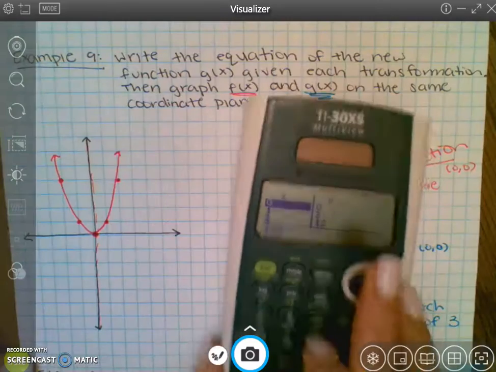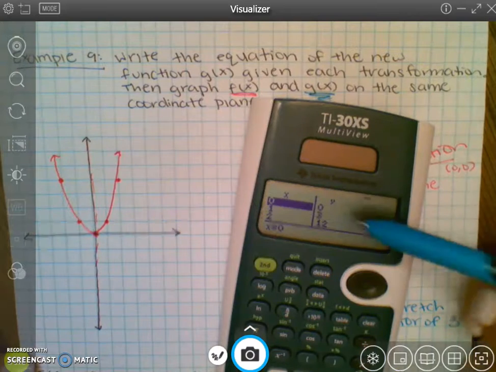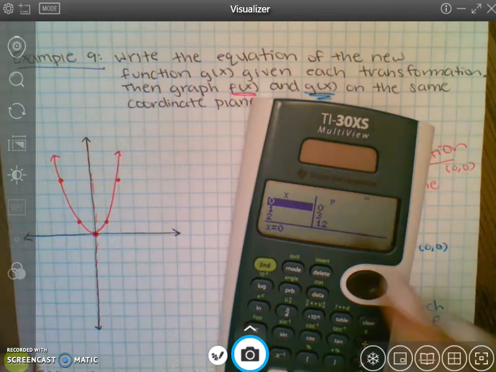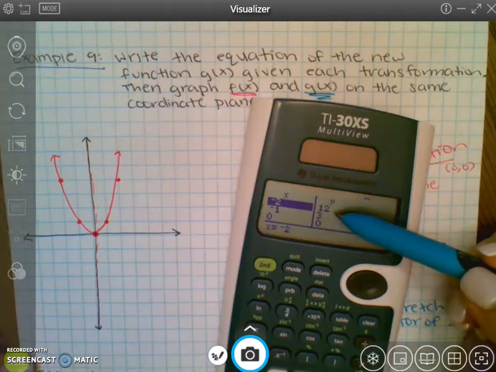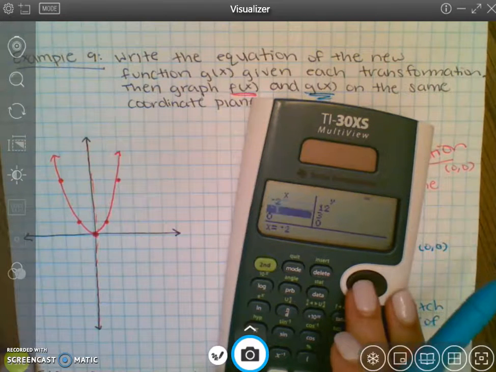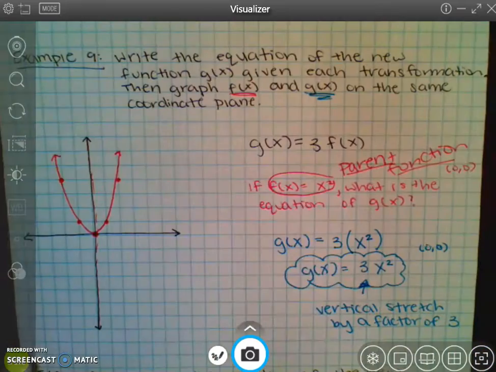I can see that because in the table, my table just starts at 0. It goes 0, 3, and then 12. If I scroll up, it goes 0, 3, and 12 up as well. So that's where it repeats itself. Wherever it starts repeating itself, that's where your vertex is.